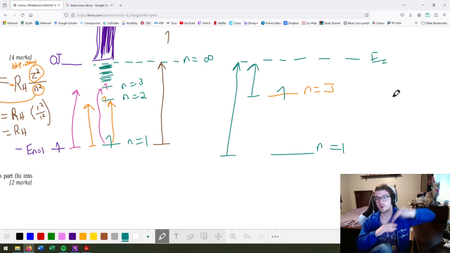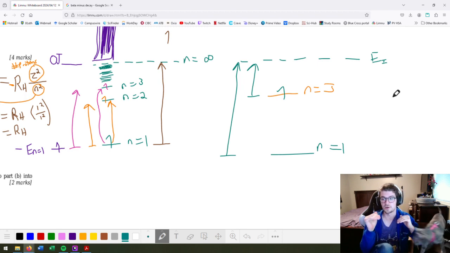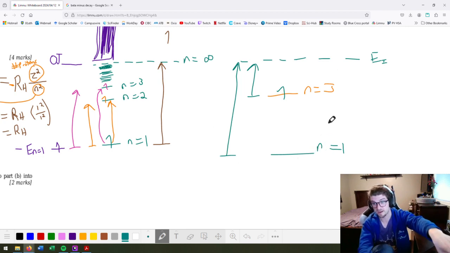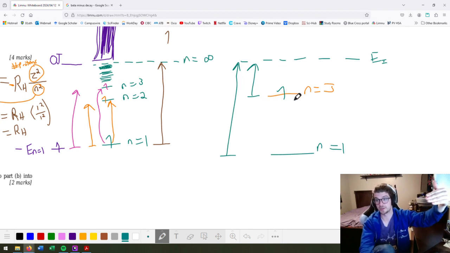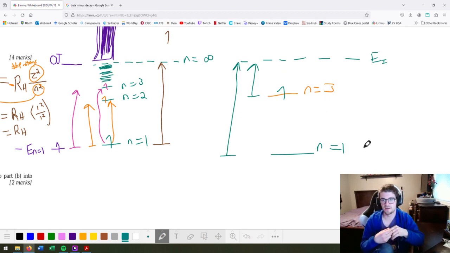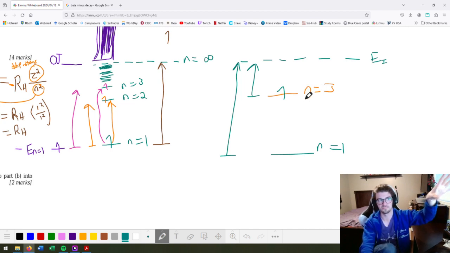Because it's already in an excited state, so it's got more energy than an electron in the ground state would have. So it wouldn't take as much energy to ionize an electron from the n equals 3 energy level compared to n equals 1.